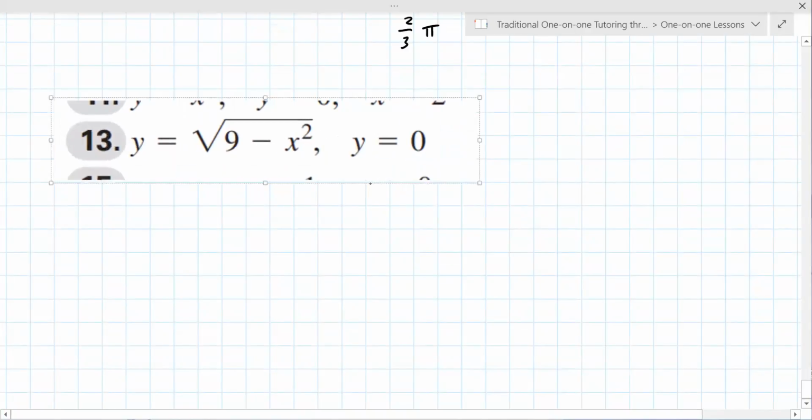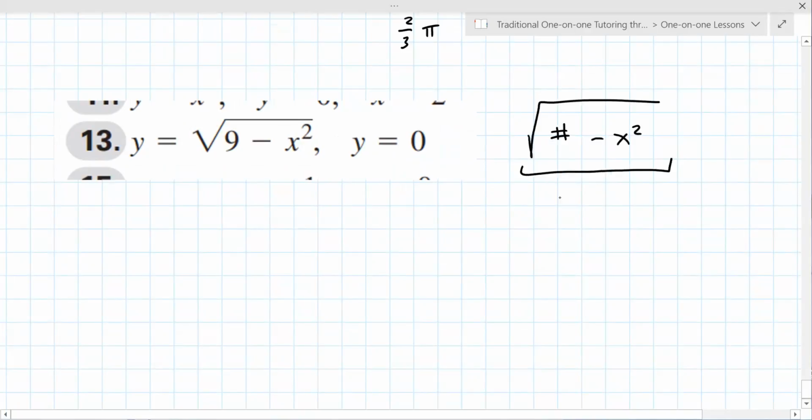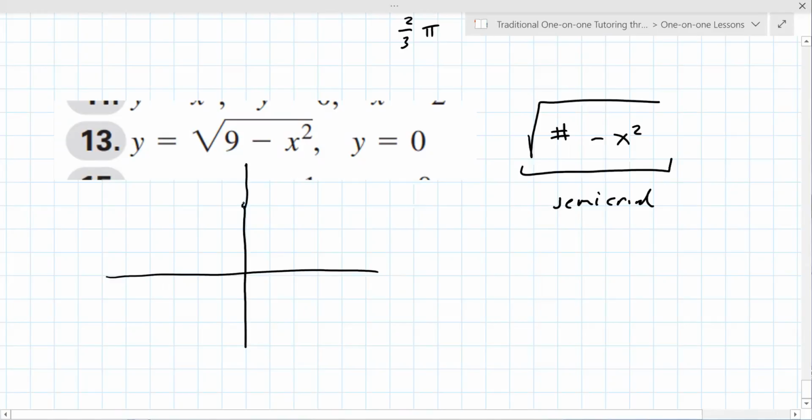So the graph of this, square root of 9 minus x squared. Whenever you get a square root of number minus x squared, it's almost always a semicircle. And that's helpful. It's helpful to ask, okay, what does this thing look like? Well, it's 3, minus 3 and 3, it's this right here.